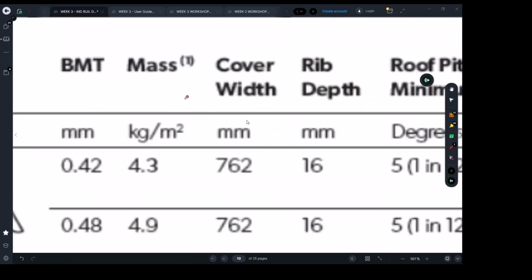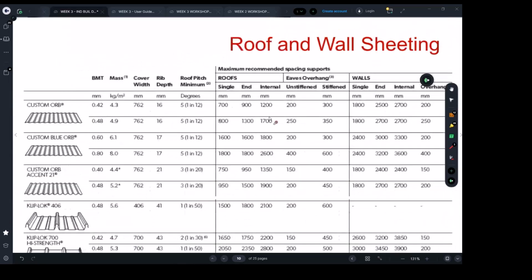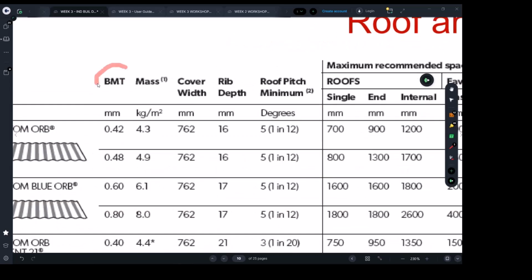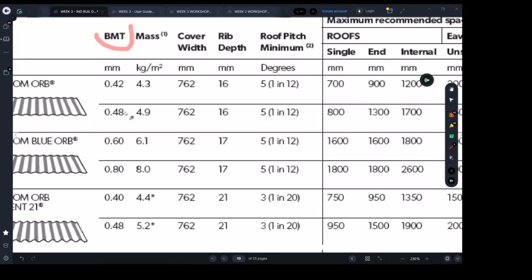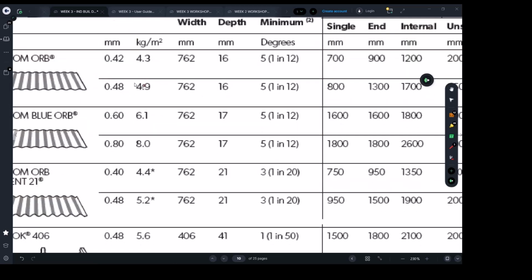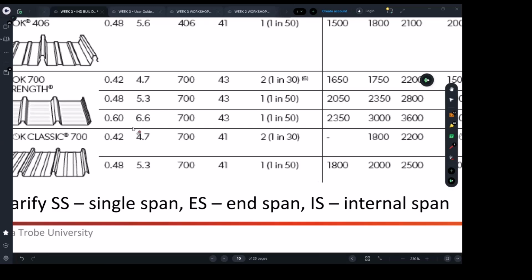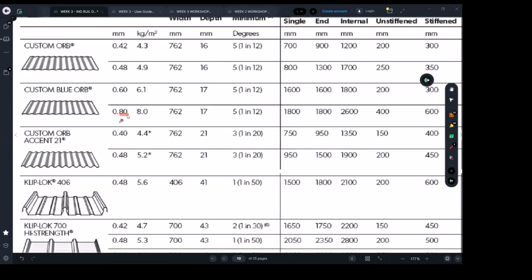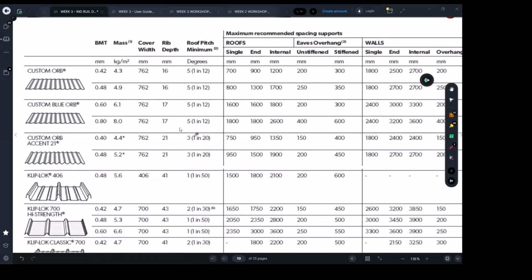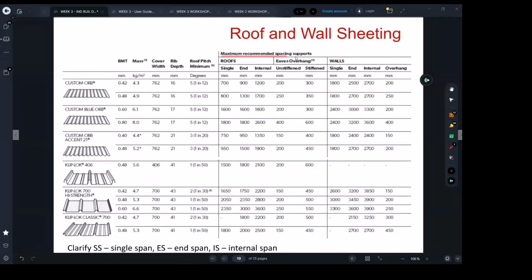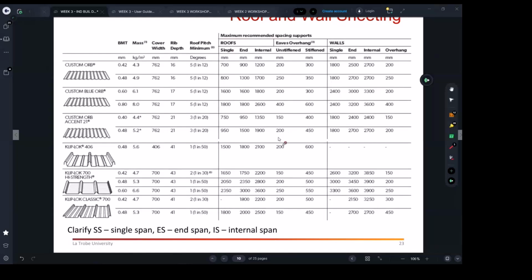These are documents which I shared with you, or you can find them for free on the internet, because the suppliers give them to building practitioners. You can use them. You can see it starts at 0.42 mm, and you can go up to 0.8 as well. Each one will have its own capacities, and a minimum recommended spacing. So it helps you to make sure what you're building is correct.